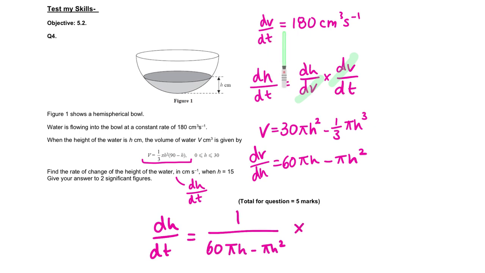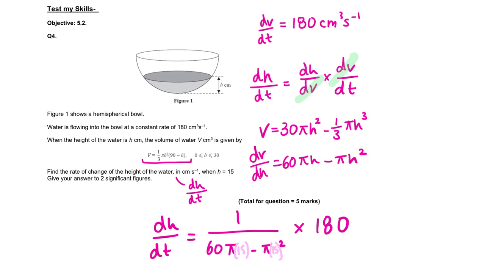They gave us that in the question. That is 180. They've also told us in the question that h is 15. So everywhere there's an h, what am I going to substitute in? 15.